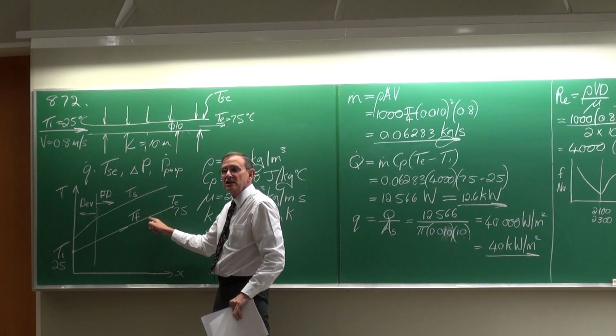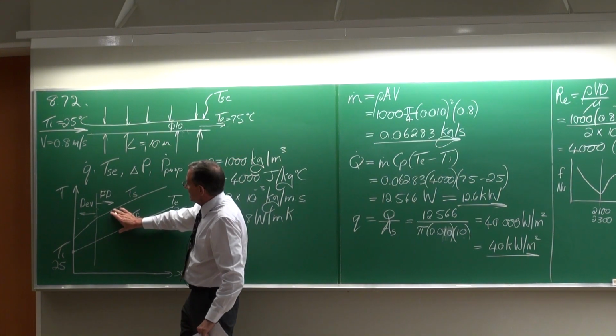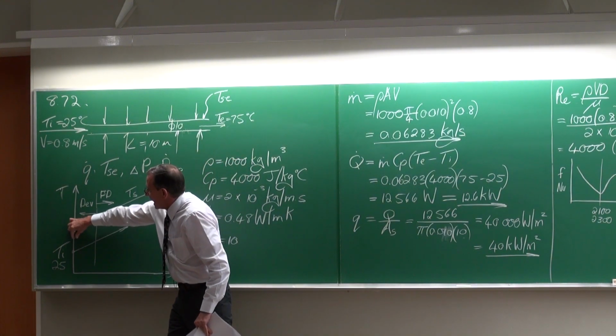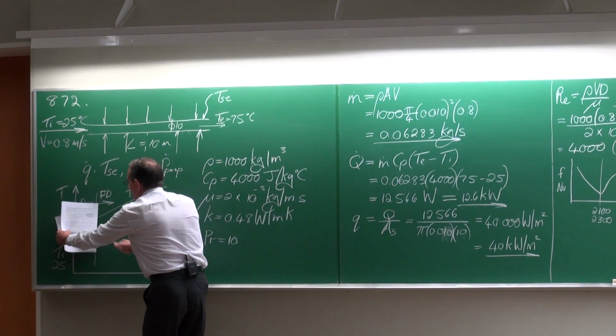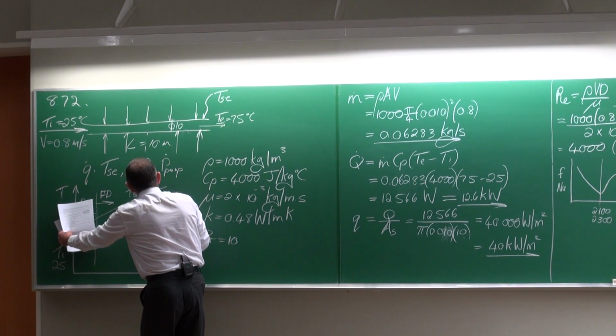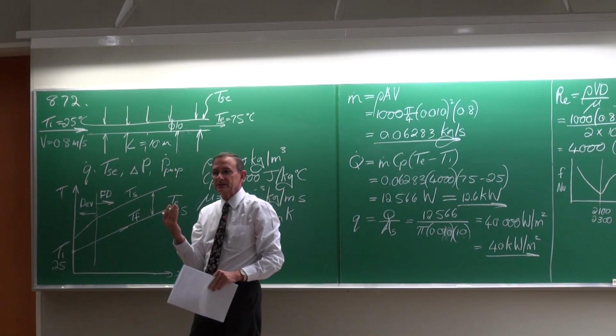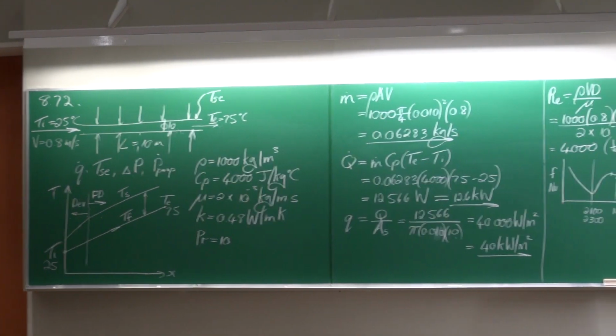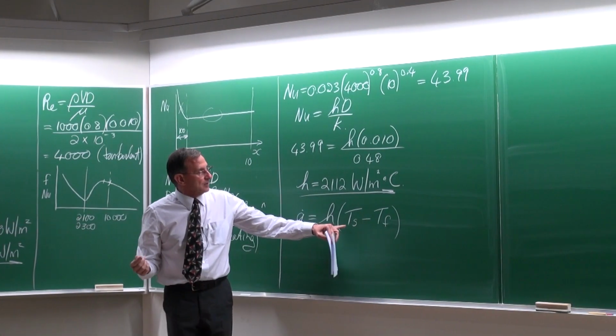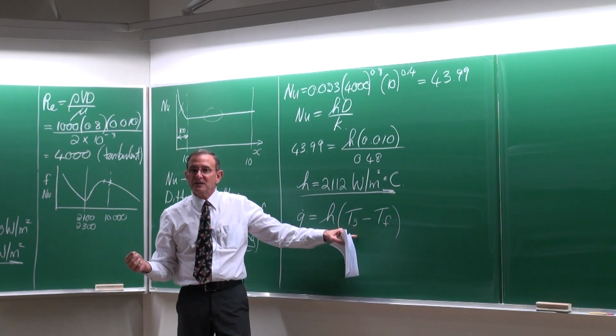So it is just actually the delta T. Remember, this is just 100 millimeters of 10 meters, so this part is really negligible. So this delta T is constant. Now that you've got the heat transfer coefficient and the heat flux, you can get this temperature difference.